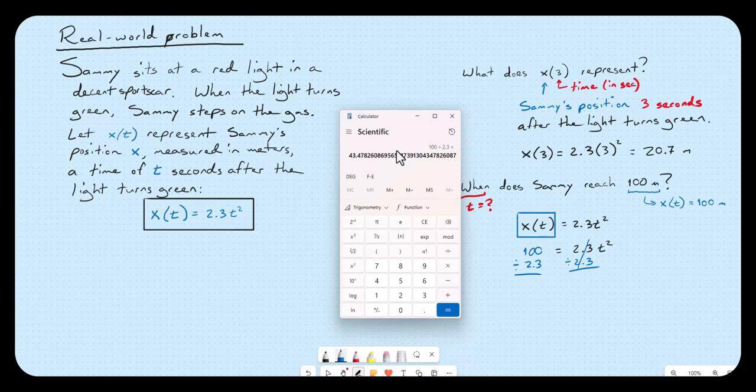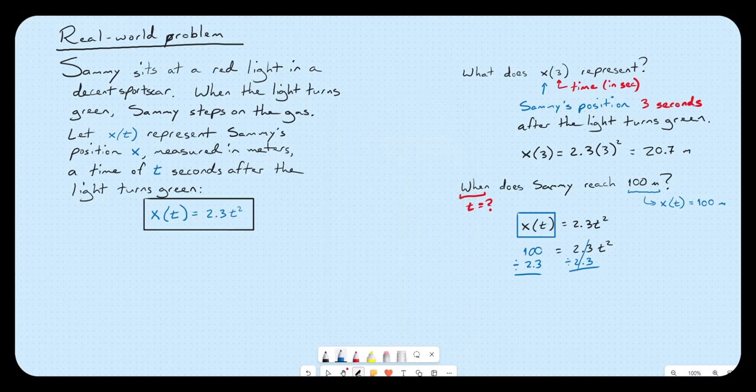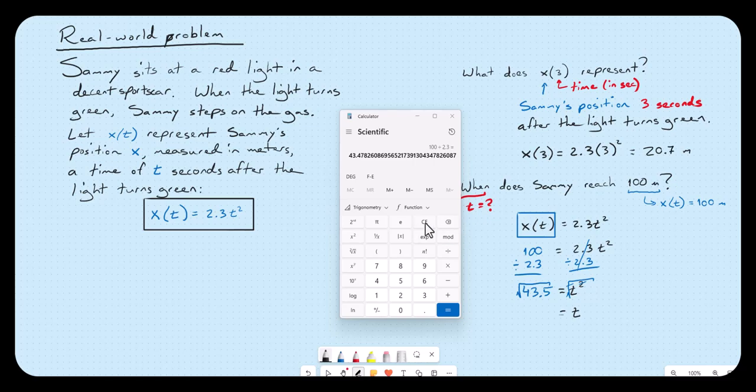That's 43.5. So 43.5 here on the left equals t squared. I'm not trying to solve for t squared, I'm trying to solve for t, so I'm going to square root. That'll cancel with the squared. That means I need to square root over here, and I get t equals the square root of 43.5. So I will do that.